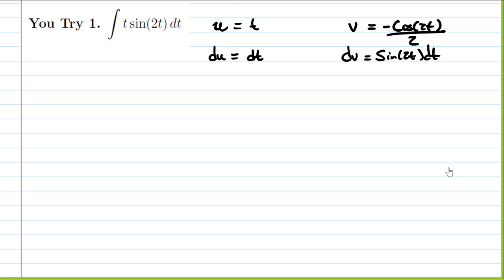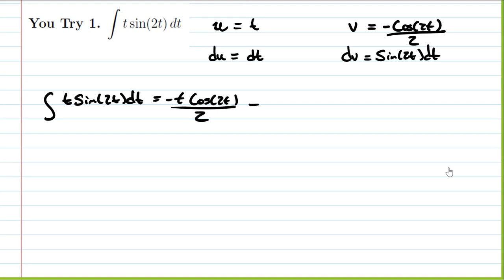And we get then, using our formula for integration by parts, the integral of t sine 2t dt is equal to u times v, so negative t times cosine 2t over 2 minus the integral of v du. So minus the integral of negative cosine 2t over 2 dt.